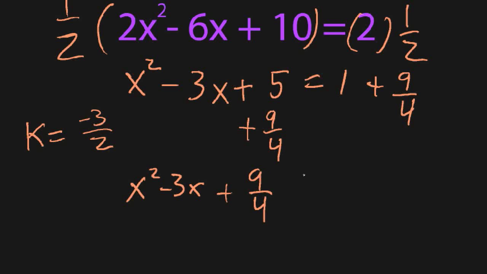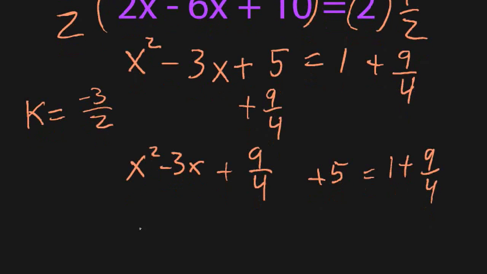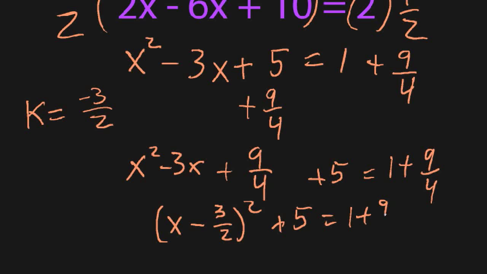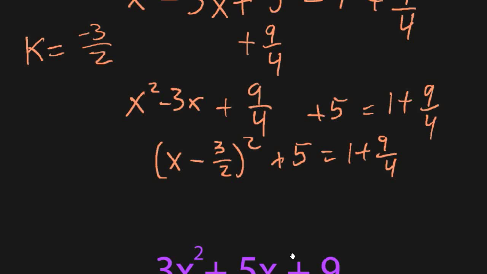So x squared minus 3x plus 9/4, that's what we've engineered to have, because now this meets the criteria that we had above, and we can put this in the form x minus 3/2, that would be x plus k quantity squared, plus 5 equals 1 plus 9/4. And you can solve that out using a calculator if you want decimal values.